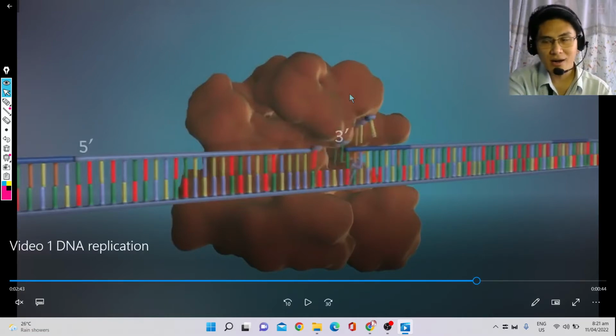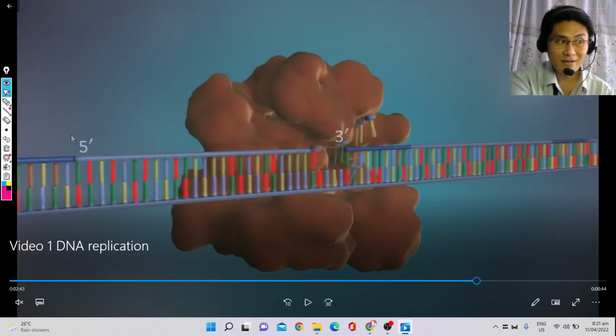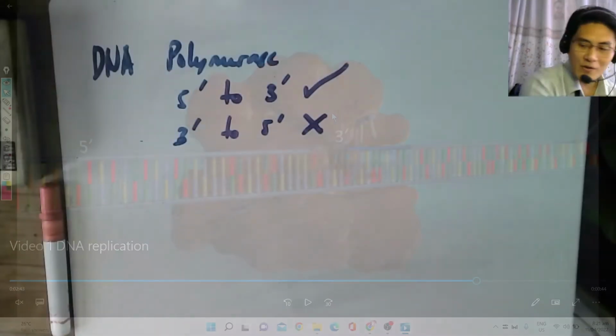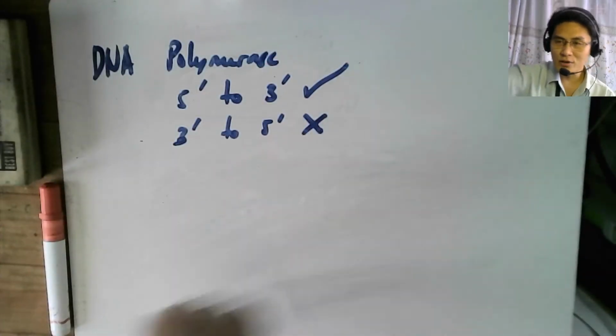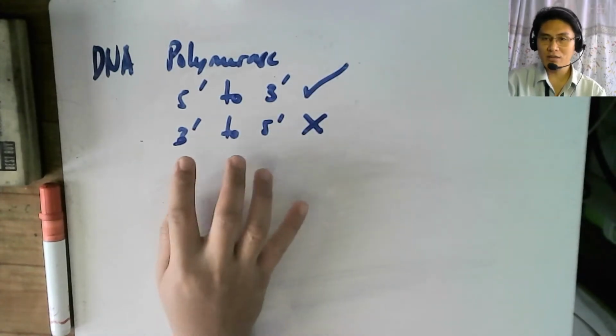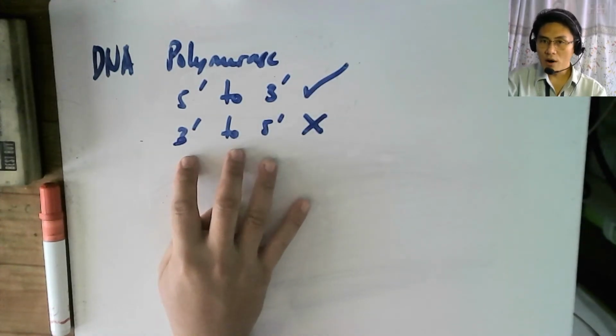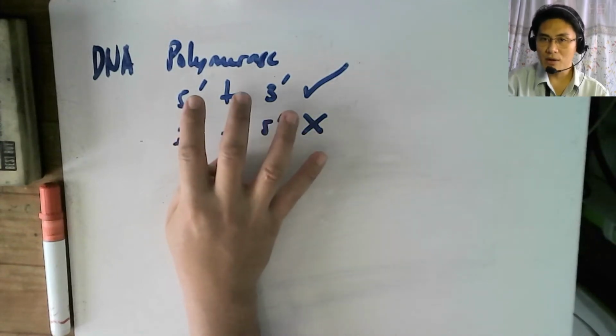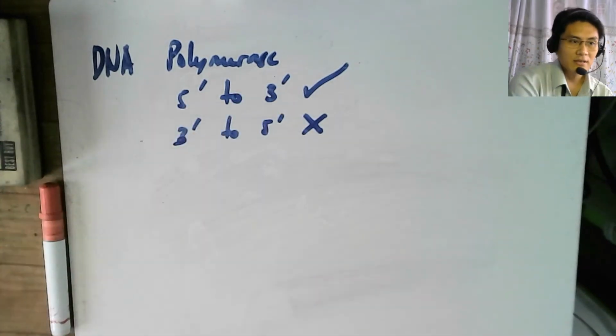Because if you backtrack, think about it, if forward is 3 prime to 5 prime, then backwards is 5 prime to 3 prime. So it now circumvents its limitations because it cannot do 3 prime to 5 prime. If I cannot do forward, then I will do it in backward style.